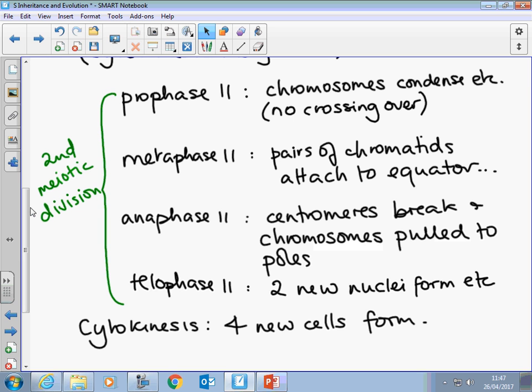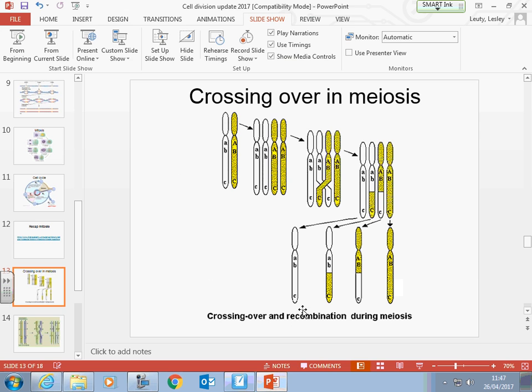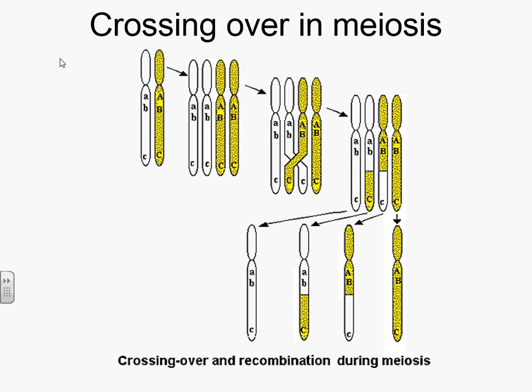Okay, and now going back to the slides, we have this. This should now make a bit more sense, and this is using letters to represent 3 genes, as well as a color coding thing.